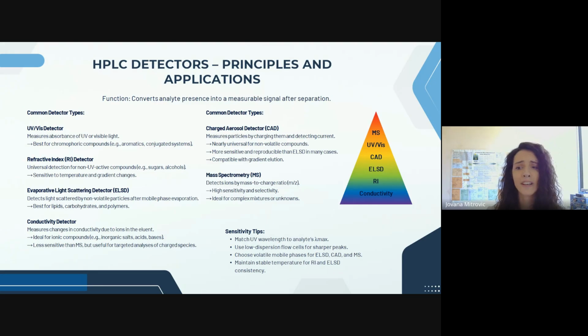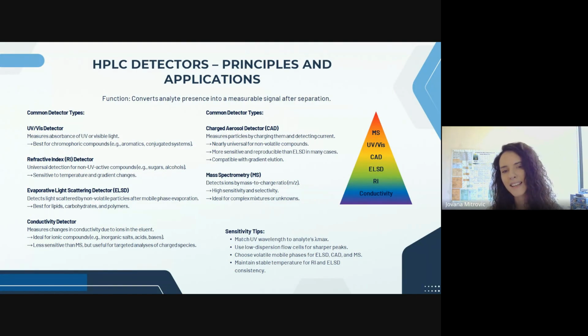We also have charged aerosol detectors, or CAD, which offer near universal detection and better sensitivity and reproducibility than ELSD, for example, and they're also gradient compatible. And lastly, we have mass spectrometry, which provides unmatched sensitivity and selectivity, and it's especially useful for very complex samples and unknowns.